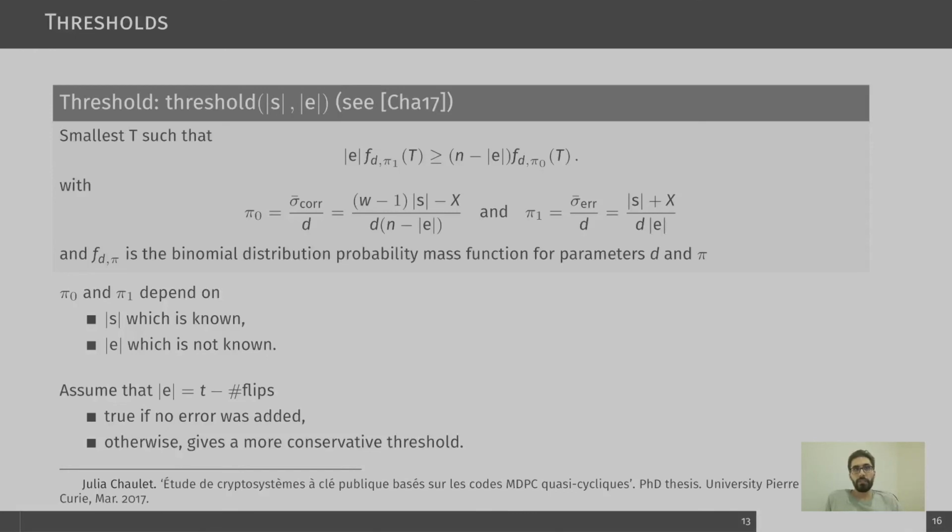This way, if the algorithm has taken only good decisions, the value will be exact. It will exactly be the number of errors, and so the threshold will be optimal.